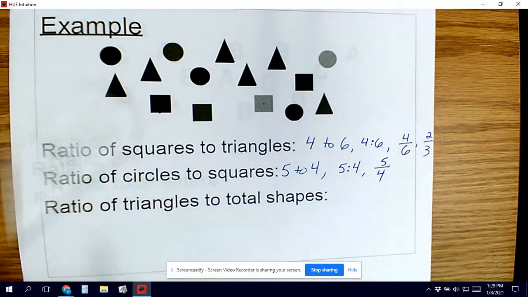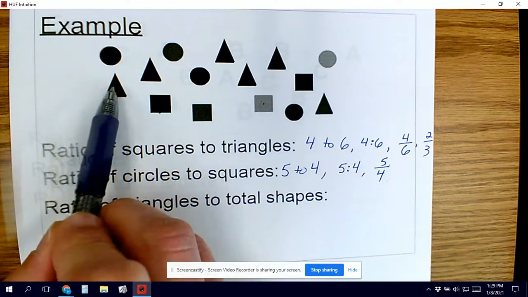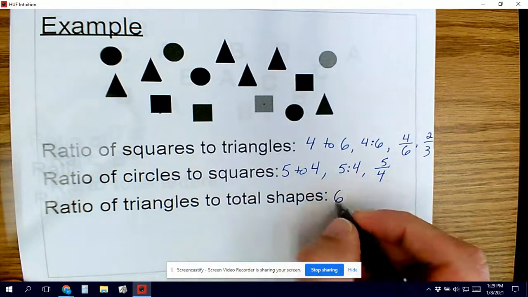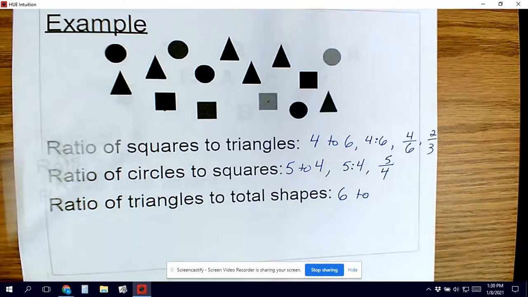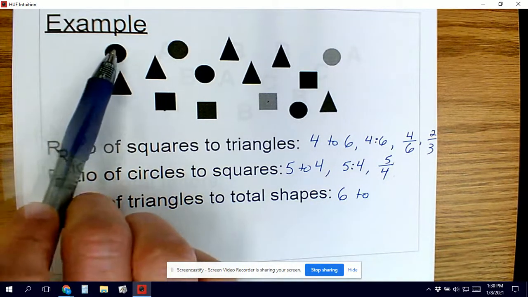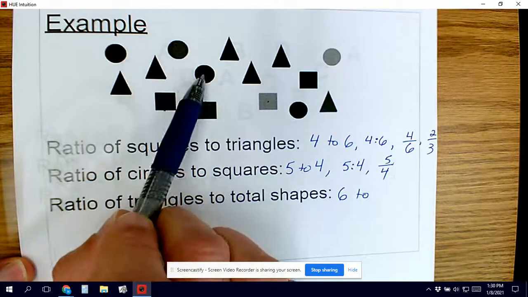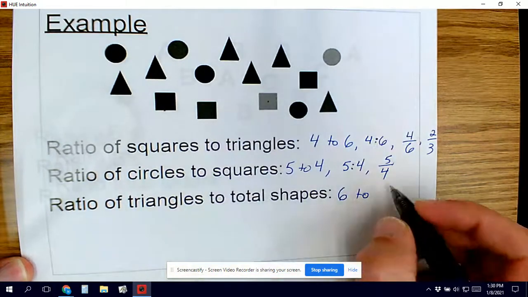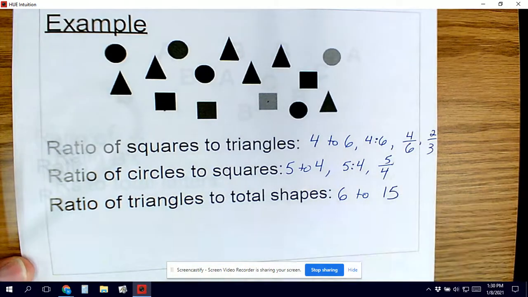All right, final example on this page, we are looking at the ratio of triangles to total shapes. So if I come up here to triangles, there are 1, 2, 3, 4, 5, 6 triangles. Now I need total shapes. I need to count how many total objects are in this image. There are 1, 2, 3, 4, 5, 6, 7, 8, 9, 10, 11, 12, 13, 14, 15 shapes. So the ratio of triangles to shapes is 6 to 15.